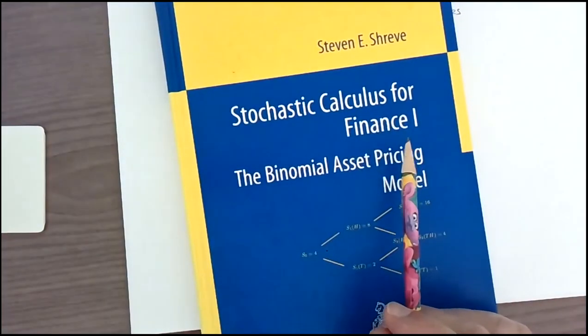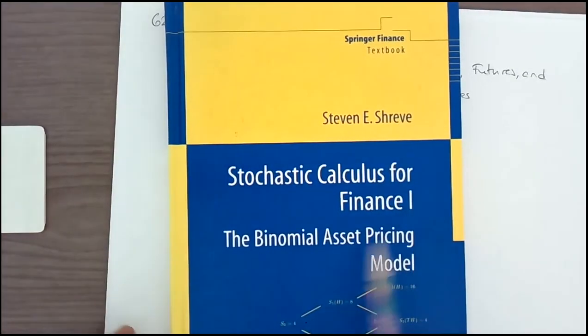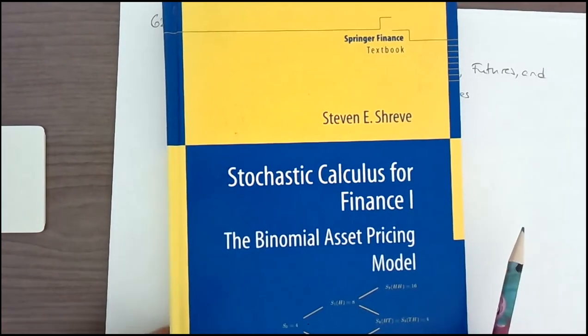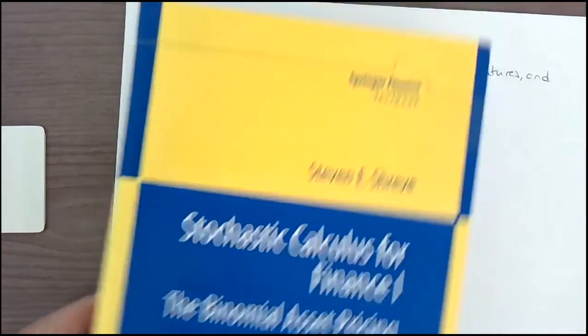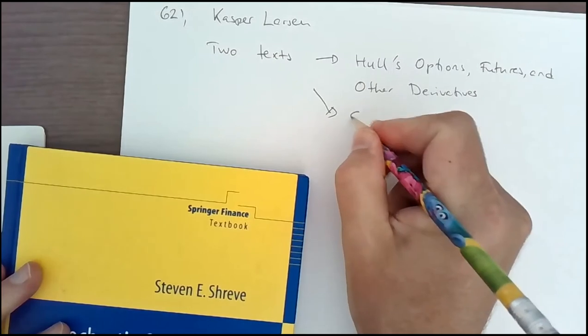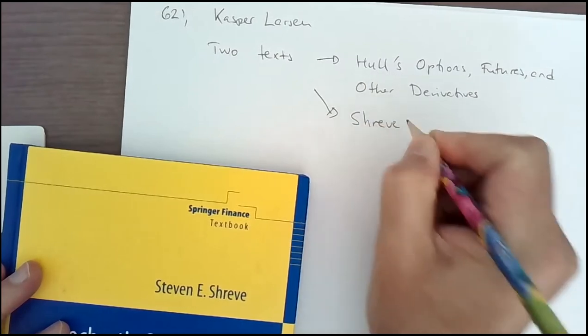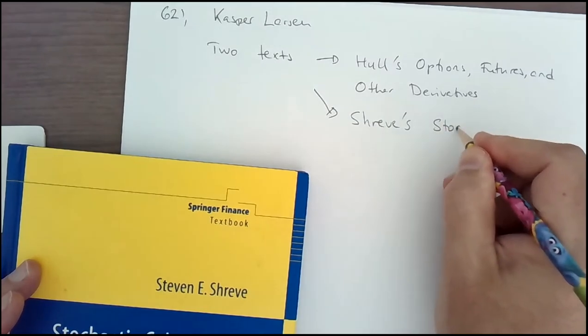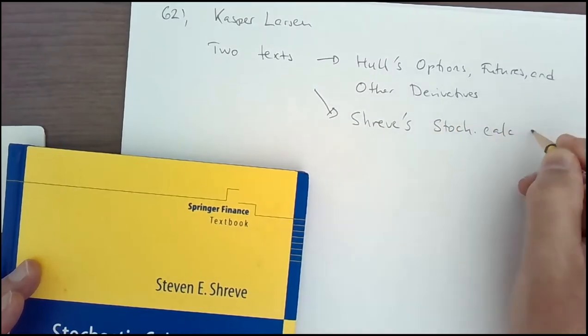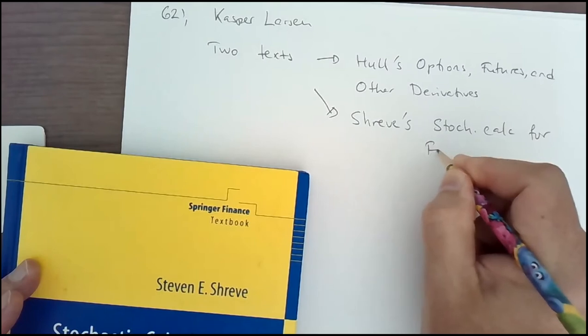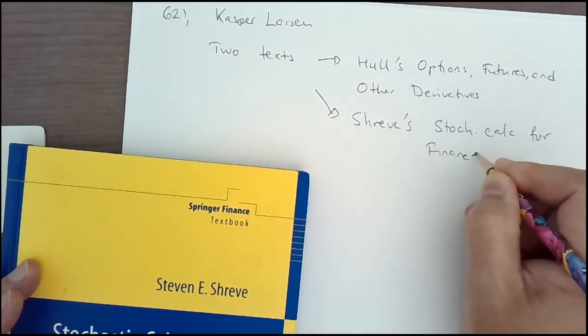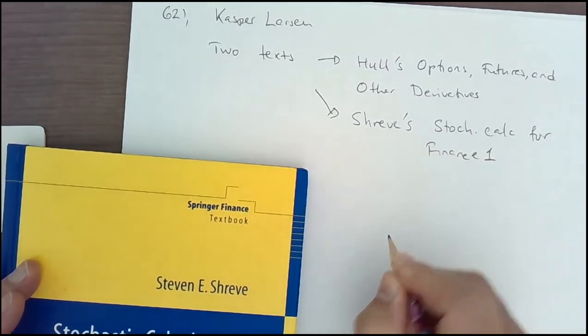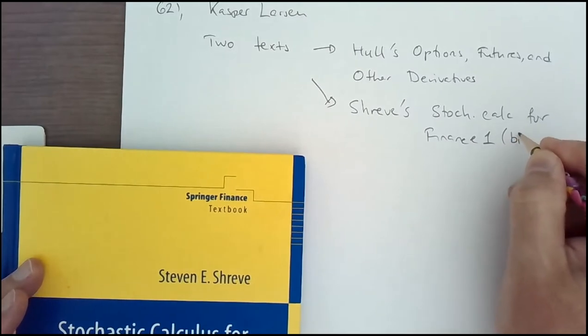The one that we're going to be using is the thinner one. This is the one that's called the binomial asset pricing model. So let me write that too. This is Shreve, Stochastic Calculus for Finance number 1. So this is the binomial model.